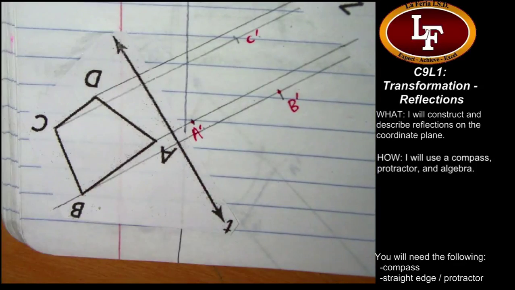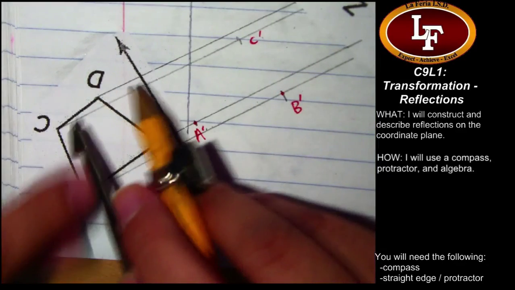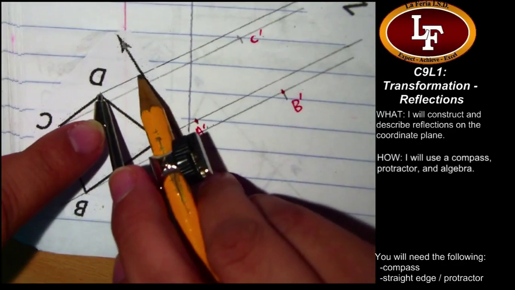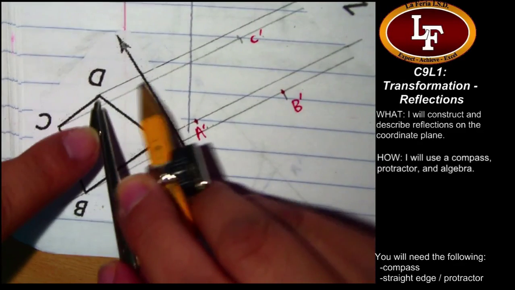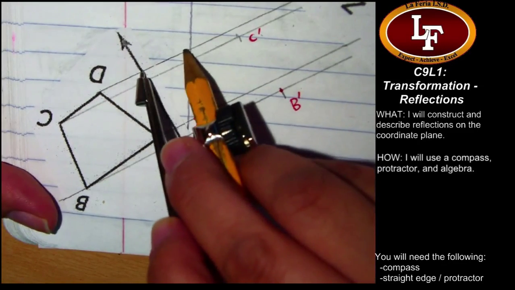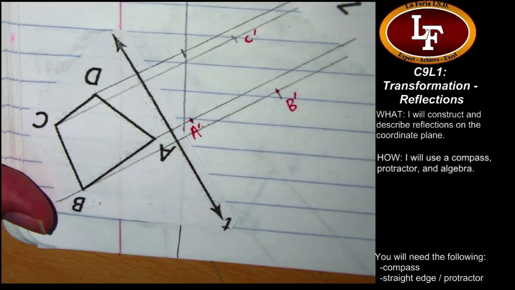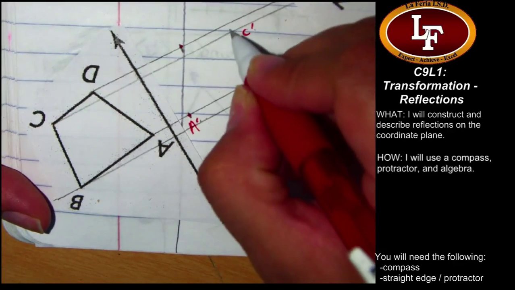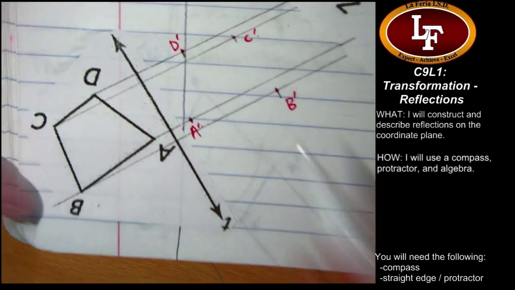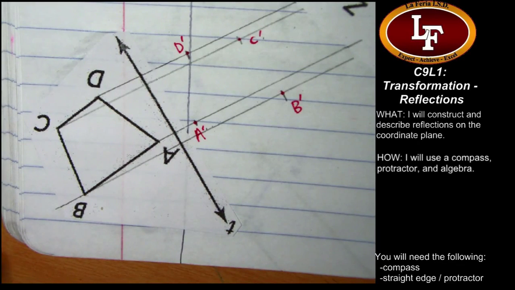And again, if I did this right, the distances between each of the vertices are going to be congruent between the image and the corresponding sides in the pre-image. Yeah, and really that's the hardest part of these constructions sometimes, is just getting your fingers and hands to do what you want them to do.